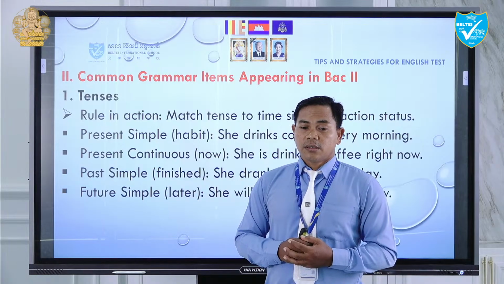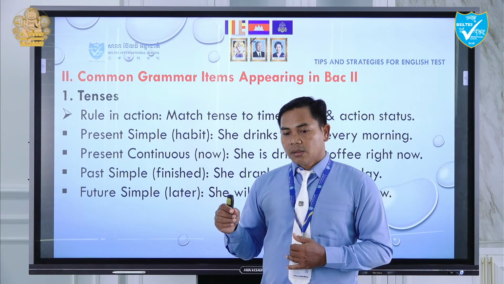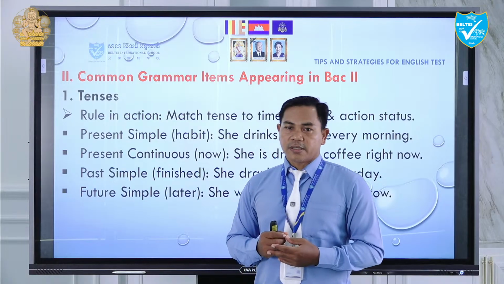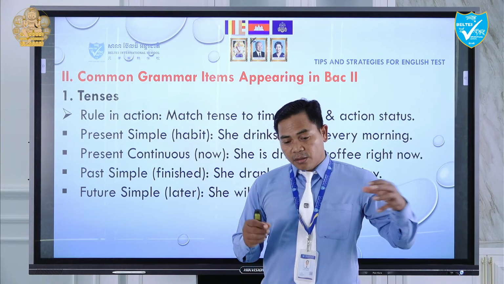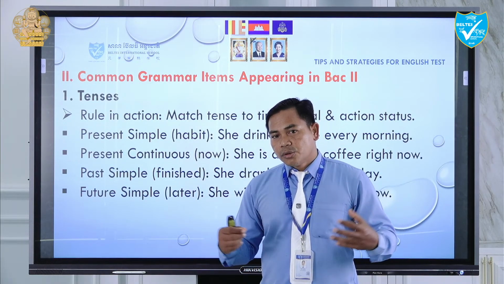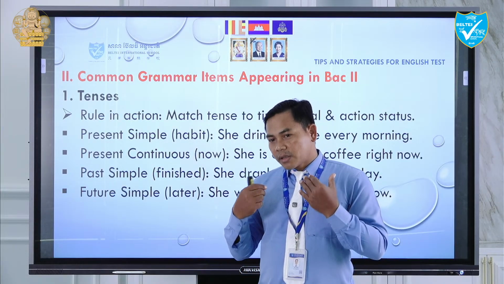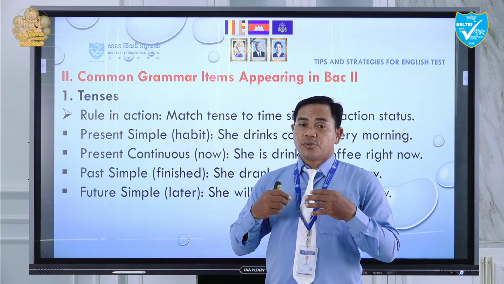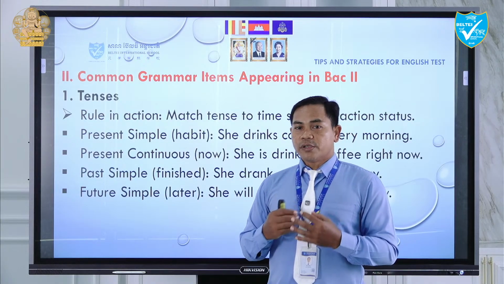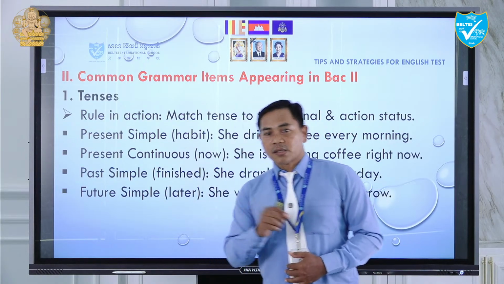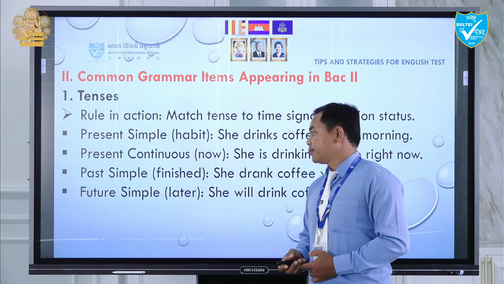For some questions, you just look at the time expression and the verb tense. Those can help you make a good decision to decide which answer is correct or incorrect.